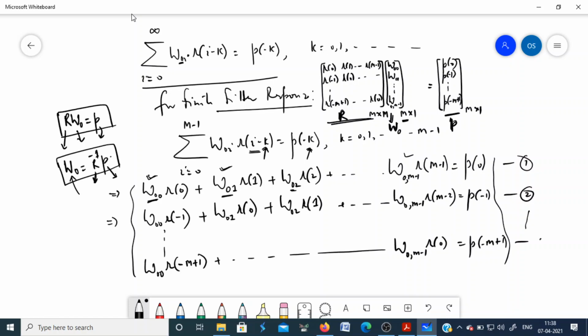Okay, so this correlation matrix that we have defined here. In the previous classes, we have seen how we basically compute this R. It is given by the expectation of u(n) into u^H(n). So u^H(n) is the Hermitian transpose of u(n).